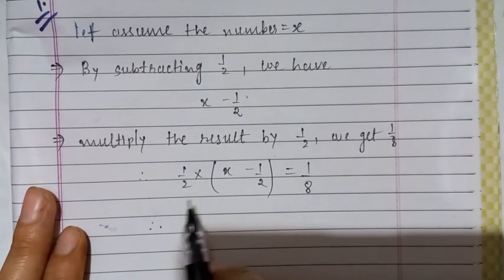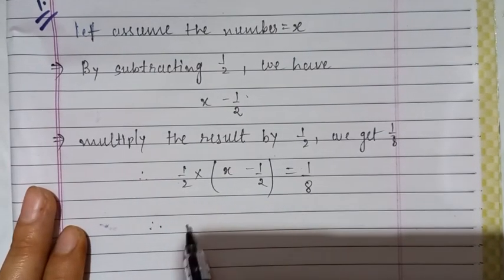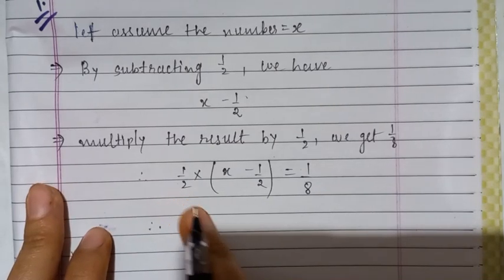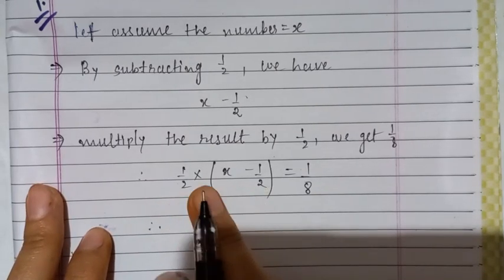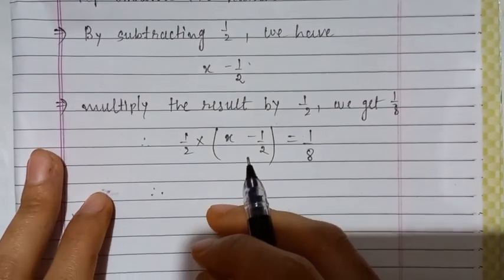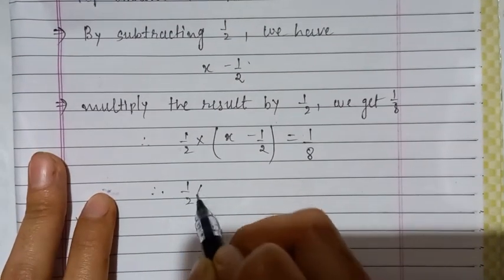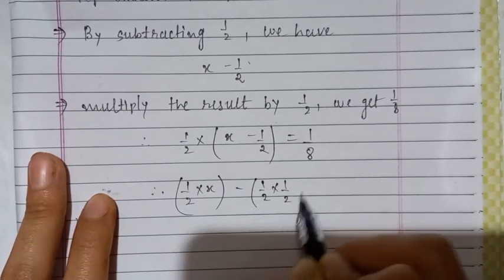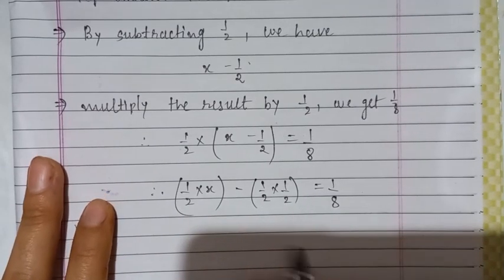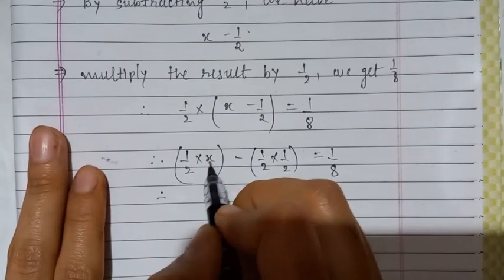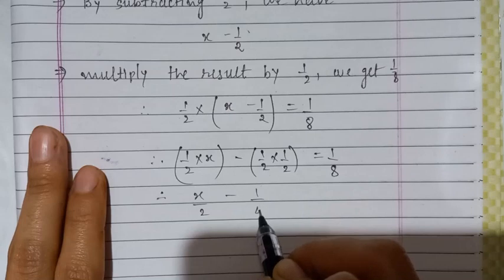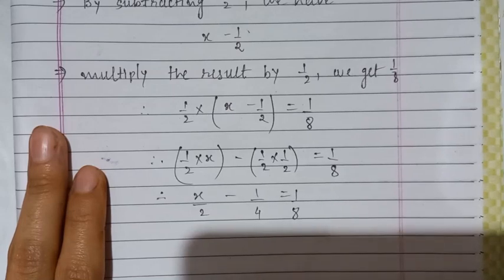Now we will use the distributivity property. We can multiply this 1 by 2 to both of the terms x and minus 1 by 2. So let's multiply: 1 by 2 into x minus 1 by 2 into 1 by 2 is equal to 1 by 8. Now x into x, 2 into 1, 2, minus 1 by 4 is equal to 1 by 8.